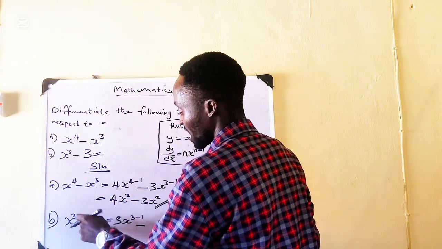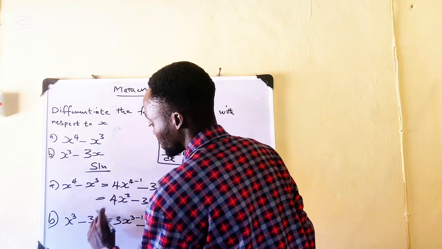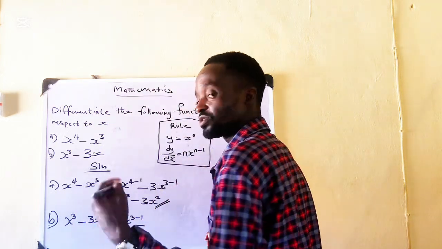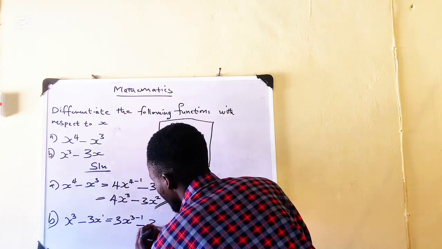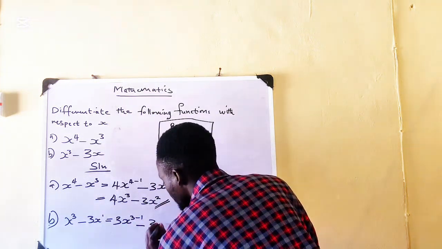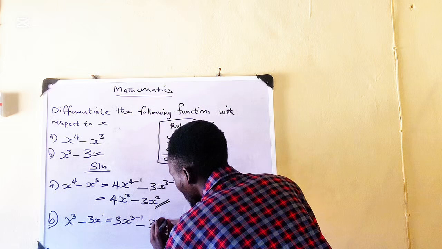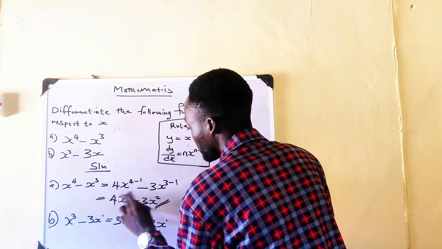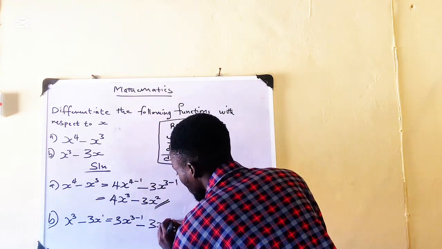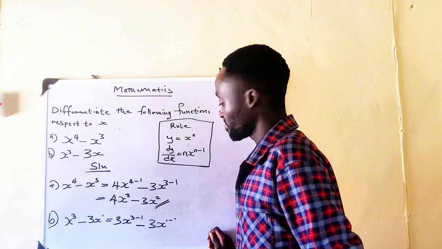If you bring down the 1, 1 times 3 is still going to give us 3, so it doesn't change anything. Then we write the x, because this x is like x raised to the power of 1. Just like we did here, we also subtract 1 from the power.